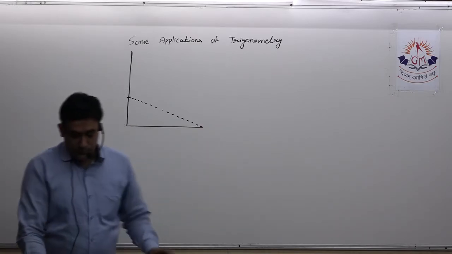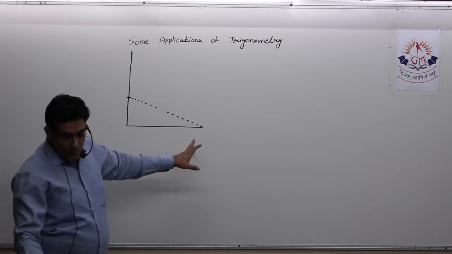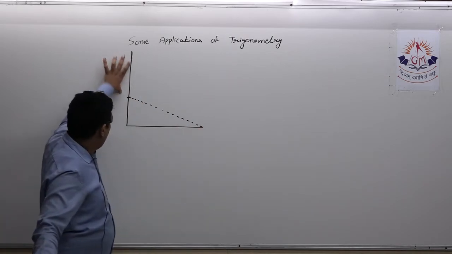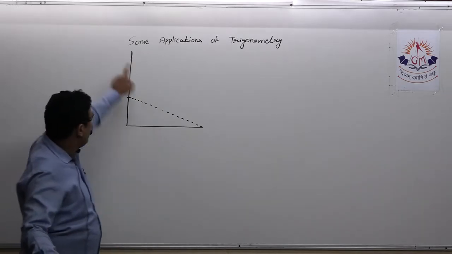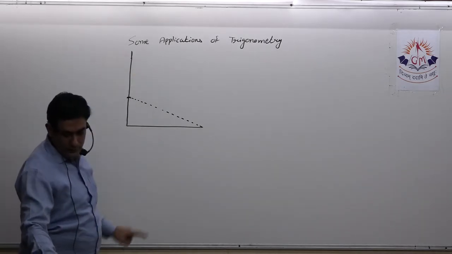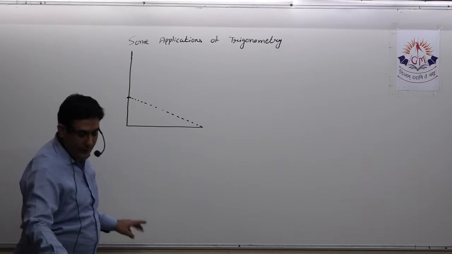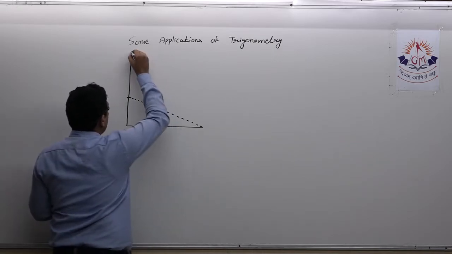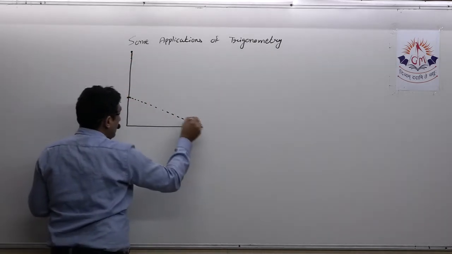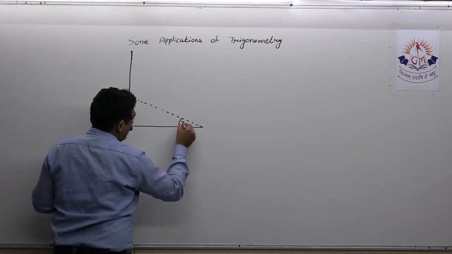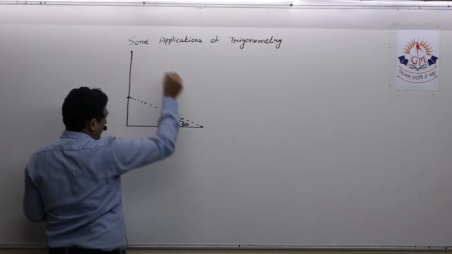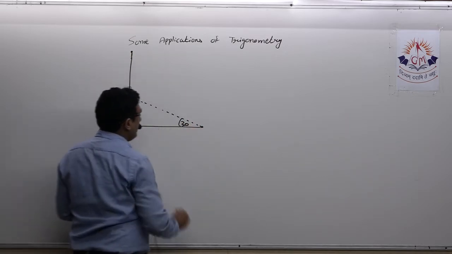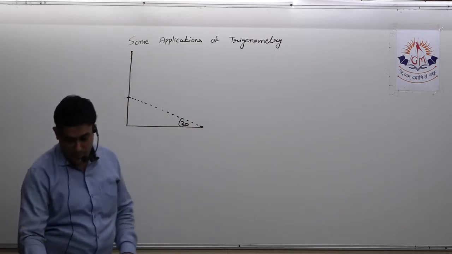The tree breaks due to the storm and the broken part bends so that the top of the tree touches the ground, making an angle of 30 degrees with it. That means the top of the broken part of the tree makes an angle of 30 degrees with the ground.